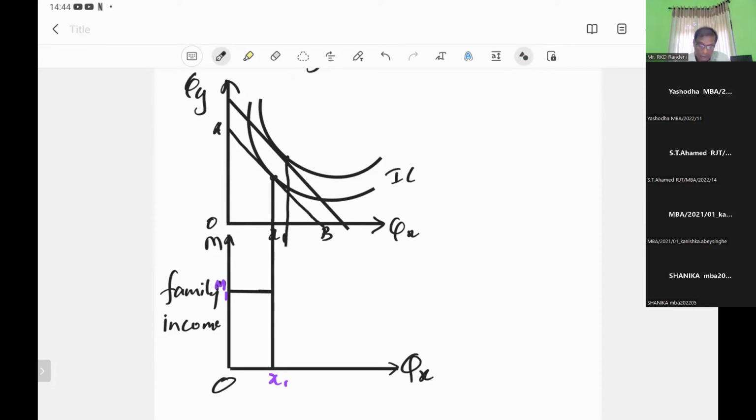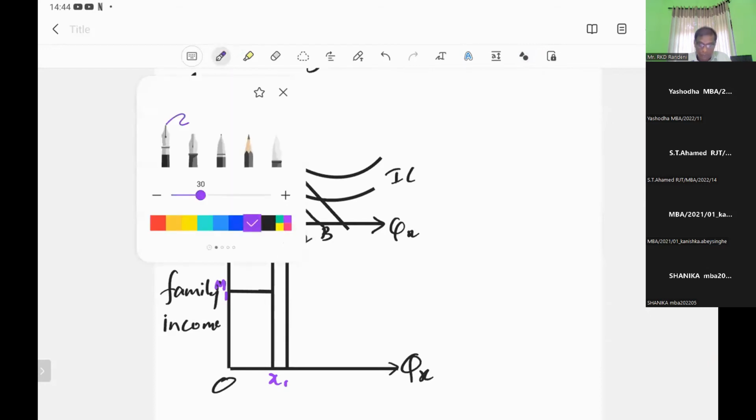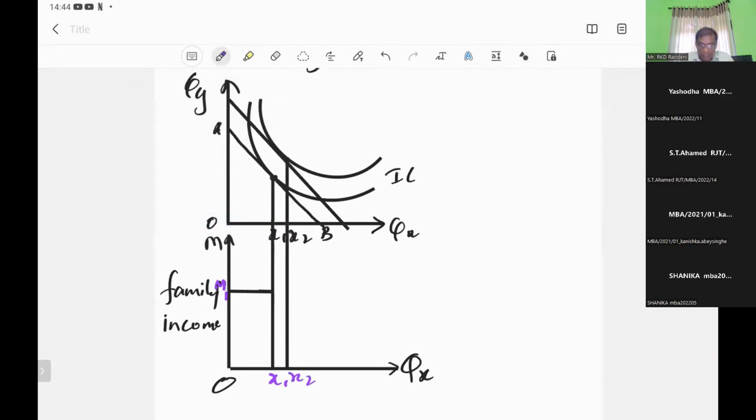Something else, X2. The family income is increasing. He can buy more from X, that is M2.